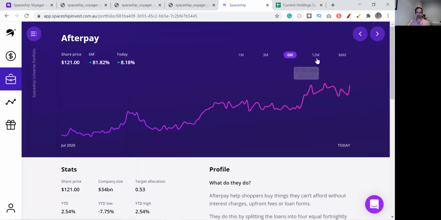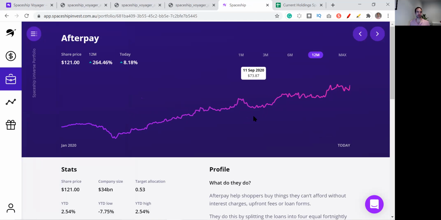Over the last 12 months, gained over 264% in the price, which is obviously amazing. And it got down to, I think the low at $8.90. So more than 10x in less than 12 months, which is insane and almost crazy, but also very good for us shareholders.